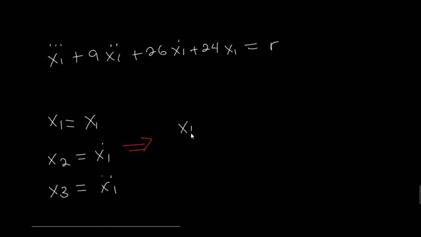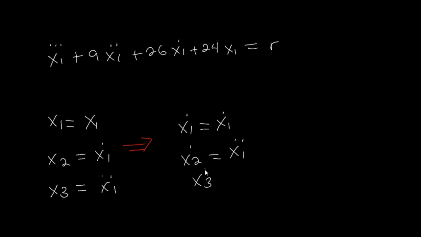So x1 dot equals x1 dot, and then x2 dot equals x1 double dot, and then x3 dot equals x1 triple dot. So si x1 dot is equals to x2, and then x1 double dot is equals to x3, and then x1 triple dot is itong equation na nasa taas.